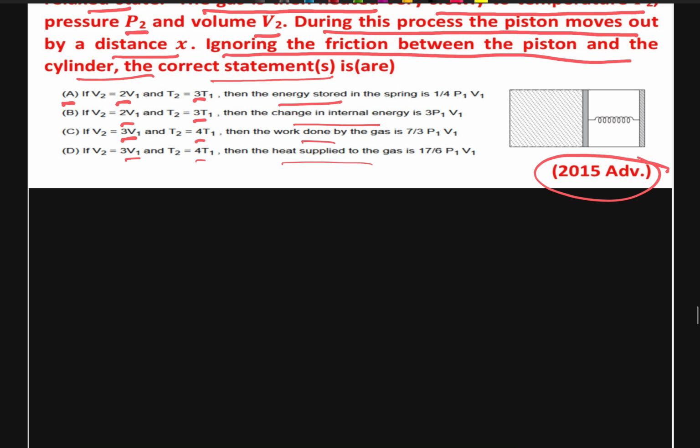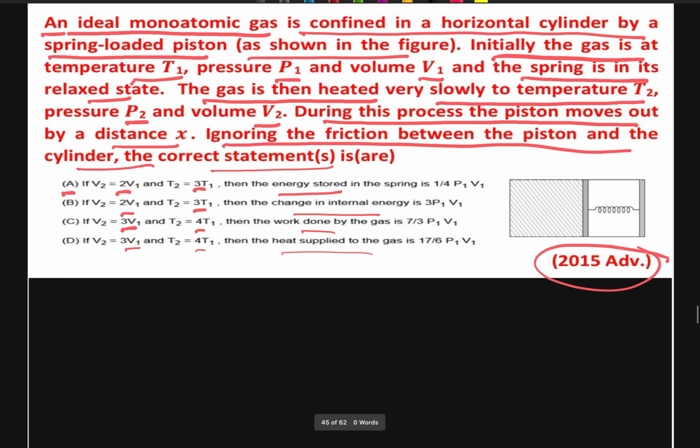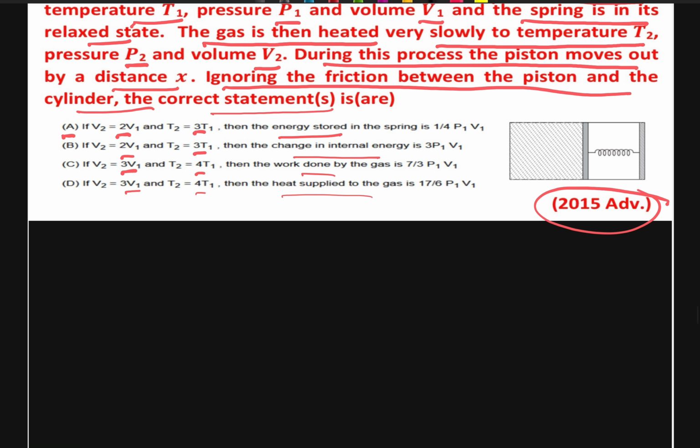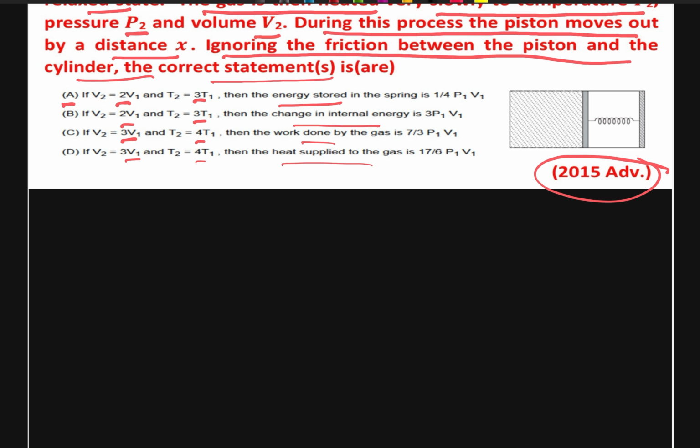So the gas is said to be monatomic, therefore we can write that internal energy, that is our U, is equal to f upon 2 nRT.